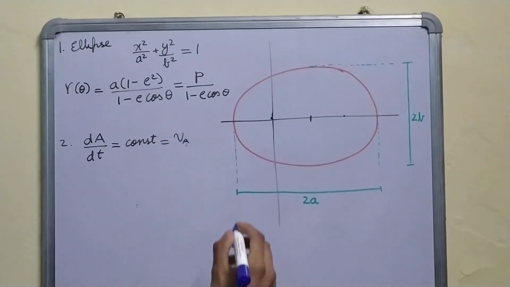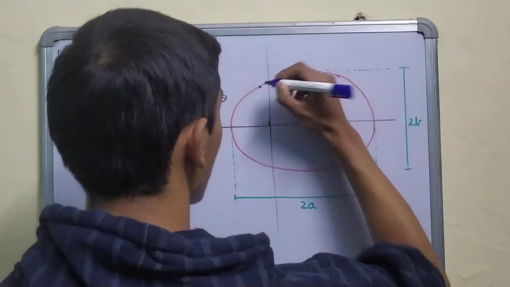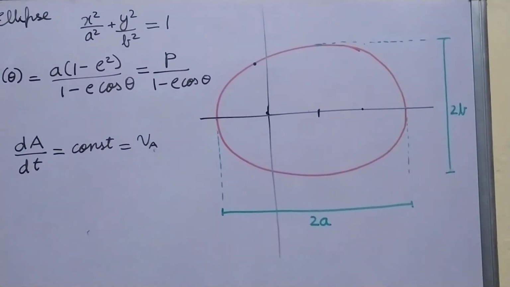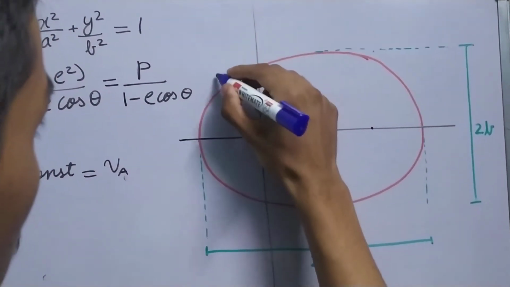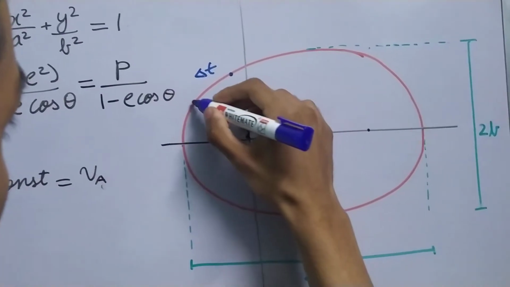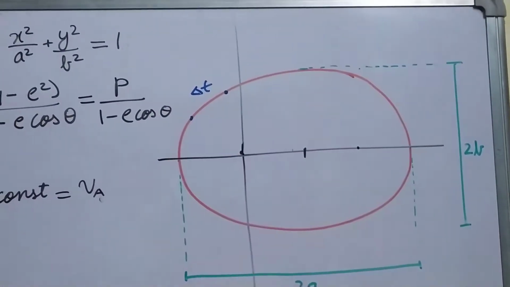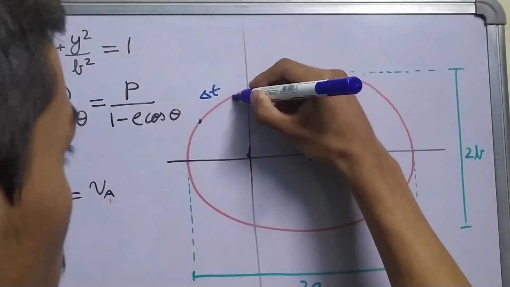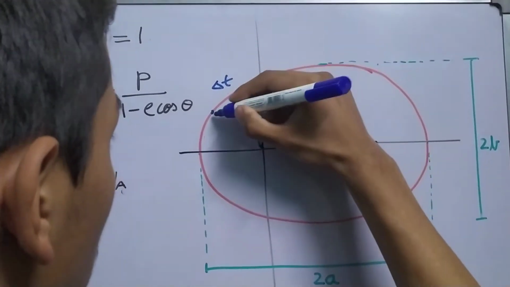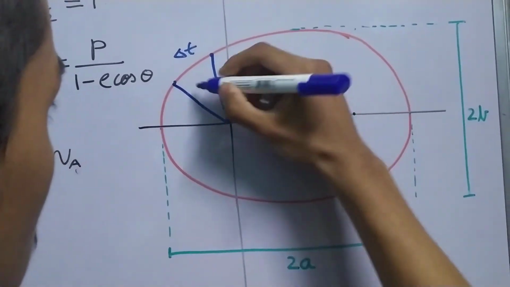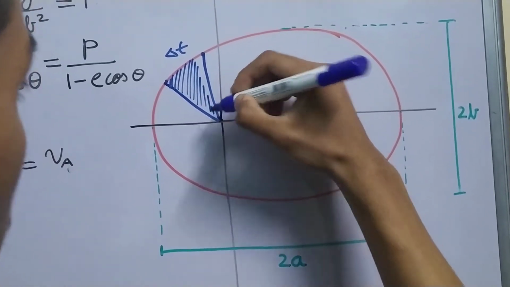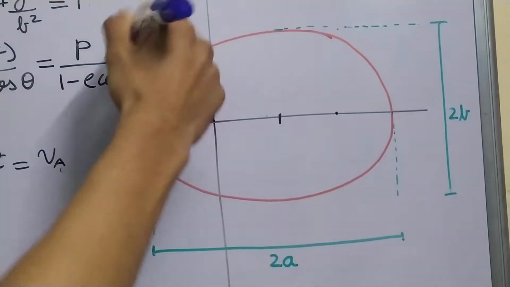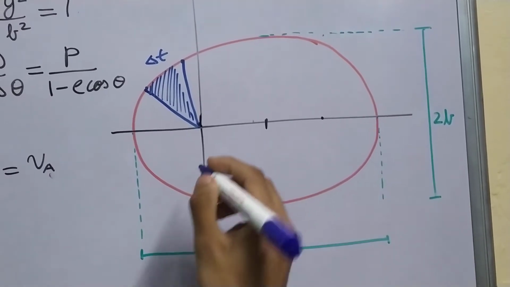Say, for example, a planet is in this position, and after time delta t, the planet is in, let's say, this position. So this is the area which the planet covers in the first instant.